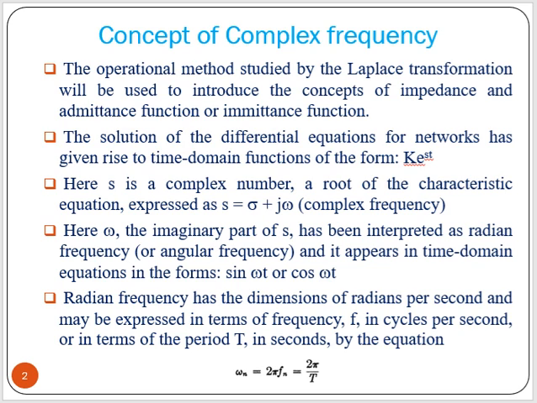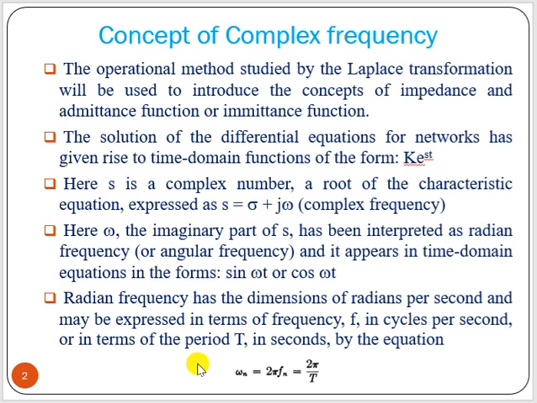Here s is the complex frequency, a complex number, s equal to sigma plus j omega, where omega is the imaginary part of s, interpreted as radian frequency. It appears in the time domain in the form of sin omega t and cosine omega t, and here sigma is the Neper frequency.